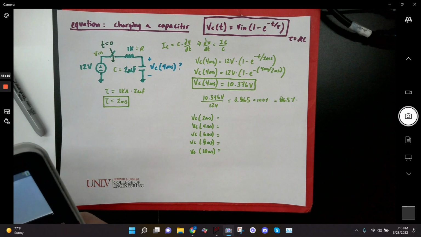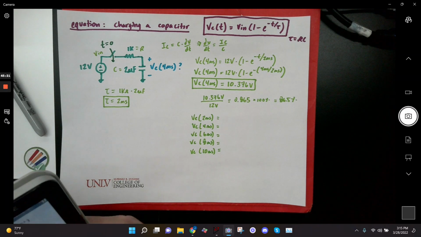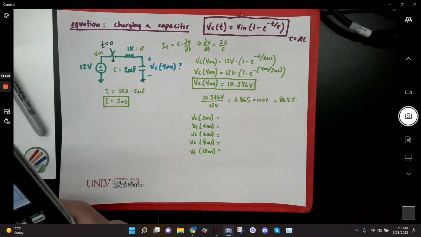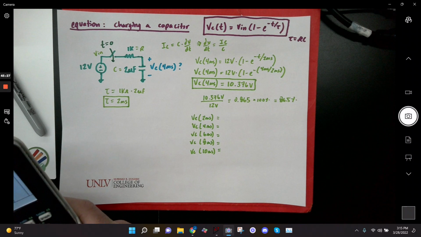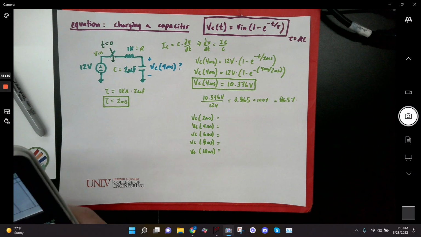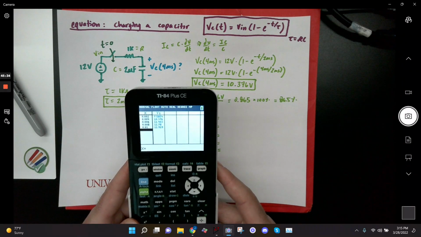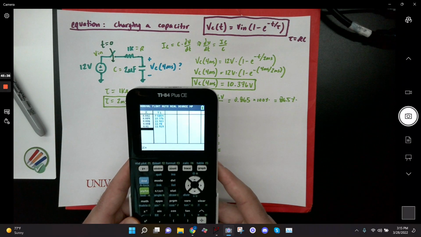All right. So I threw that in there, and then let's go to table. And I need x equals 0.002, 0.004, 0.006, 0.008, and 0.010. All right, do you guys see these values? So I've got 7.58 volts, 10.376, 11.4, 11.8, and 11.9.